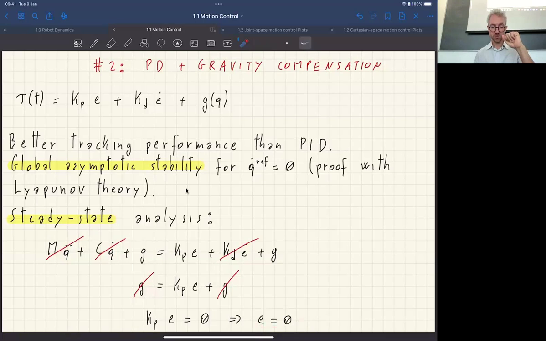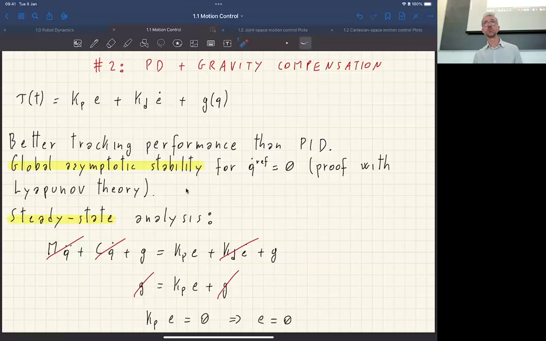But in this case, we actually have a property which is much stronger than simply: if steady state is reached, we are at e equals 0. The property we have here is global asymptotic stability. So we know this is going to work, period. This is much, much stronger than what we had before with the PID. And this control law is very common in industrial robots.